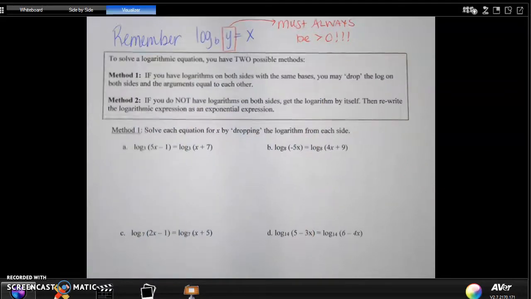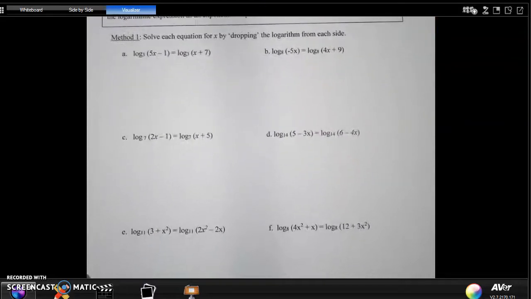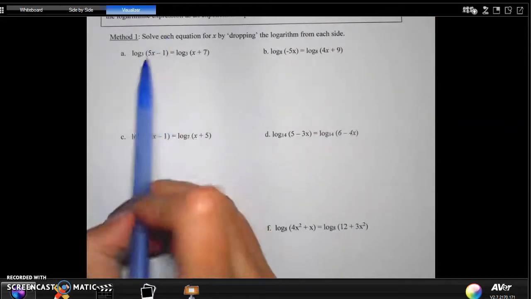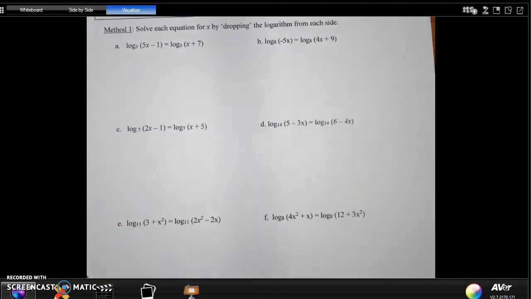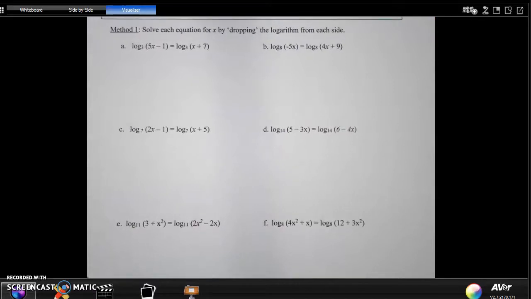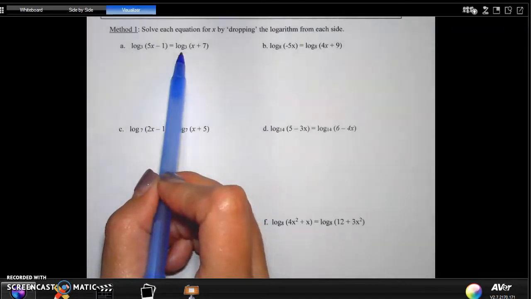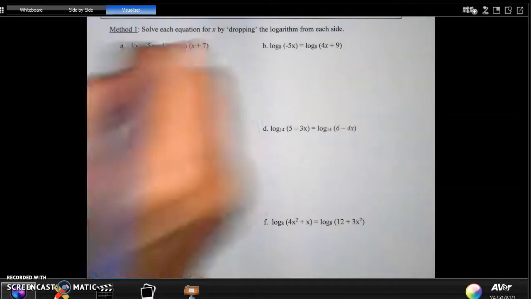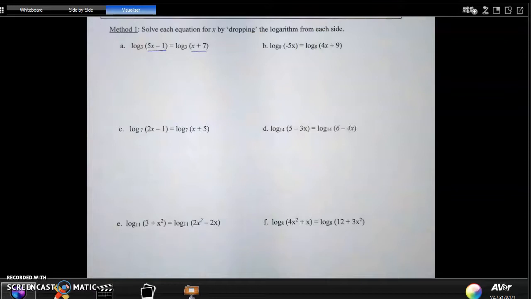So for this first example, we do have logarithms on both sides for letter A, and the base is 3 on both sides. That will always be the case for any problem that I give you. I wouldn't give you one that had two different bases, but just know that the formula only works if your bases are the same. So because the logarithms are the same on both sides, I can take this argument, which is 5x minus 1, and set it equal to this argument, which is x plus 7.